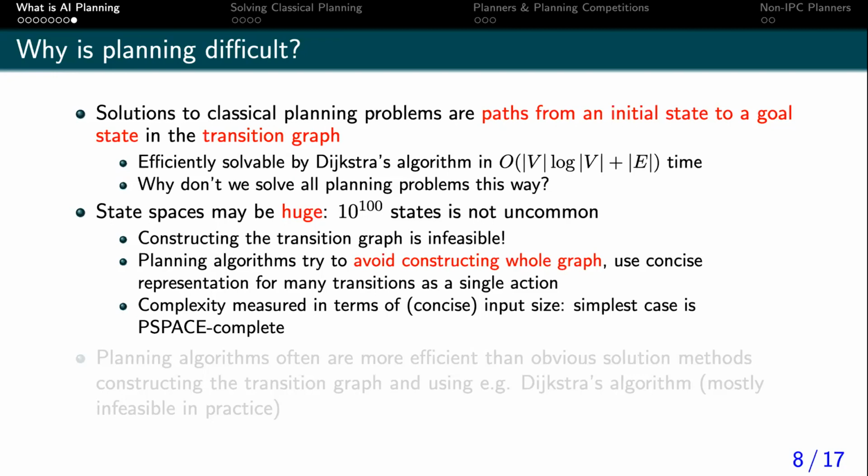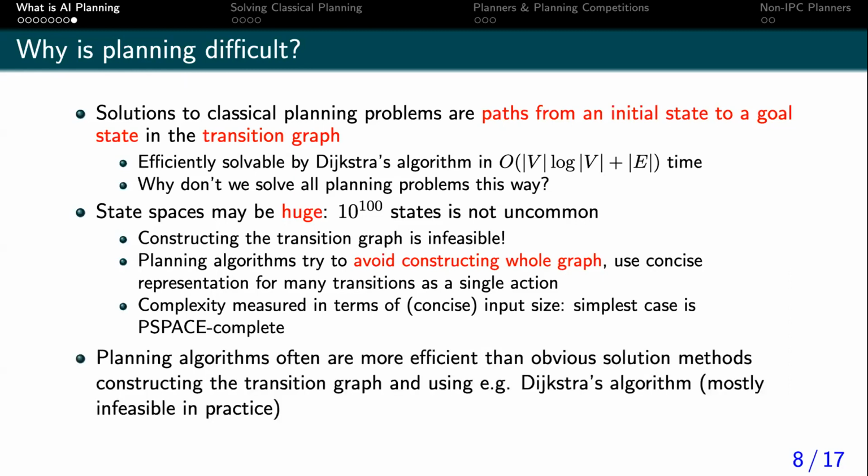This is due to the fact that the plans can be exponentially long, exponentially in the STRIPS size. You can think of something like Towers of Hanoi or Sokoban, for example. So planning algorithms can solve these problems efficiently because they avoid constructing the transition graph.